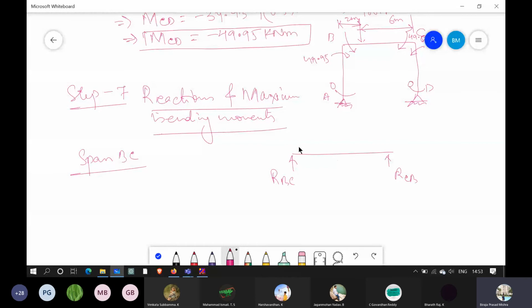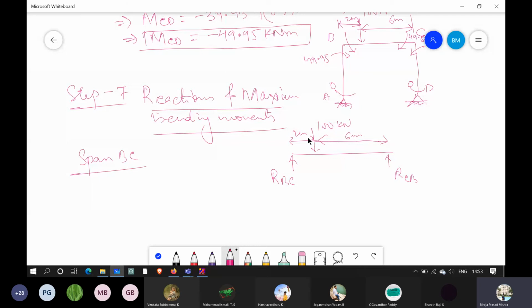This is 2 meters. This one is again 6 meters. Here we have 49.95, and here again we have 49.95.